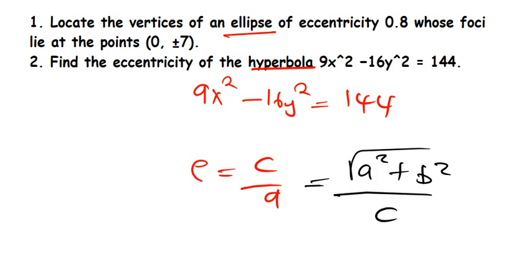So divide throughout by 144, and you should be able to get the answer. Feel free to comment your answer. The answer that you should get for eccentricity here should be 5 over 4, or simply 1.25.